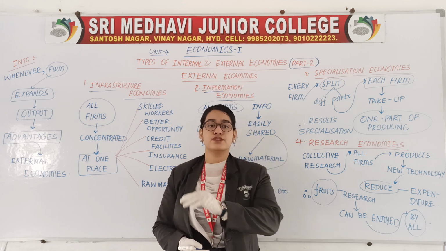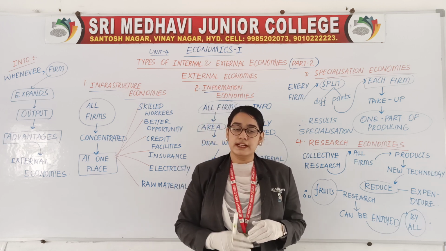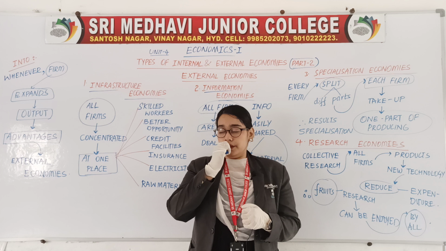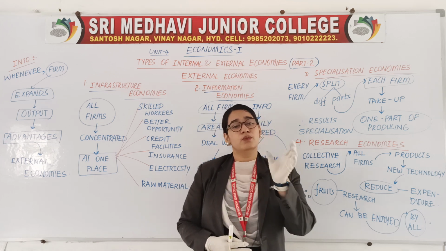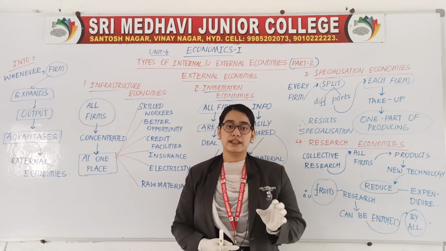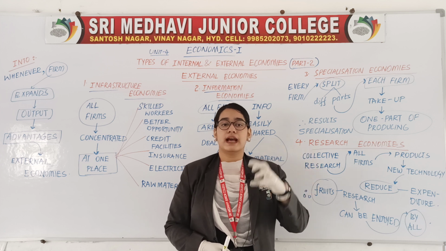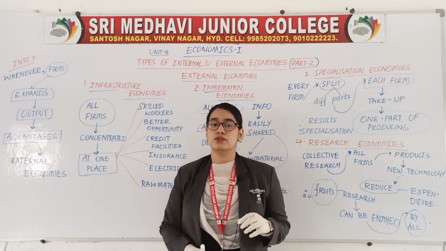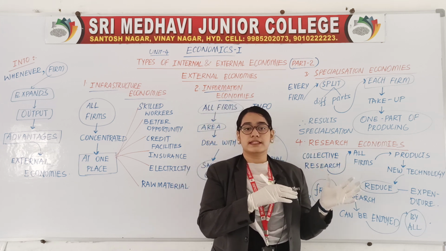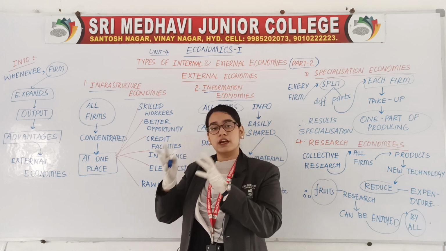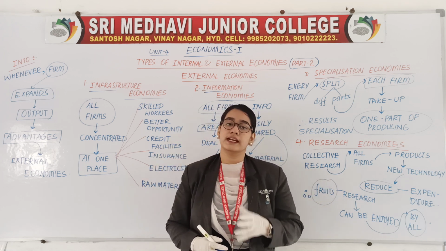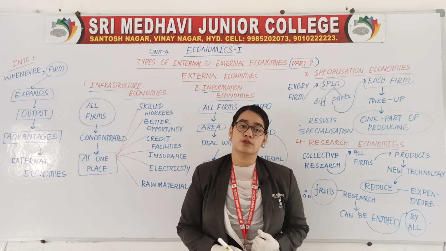A firm is a part of an industry, and I also explained what raw materials and inputs are, and after manufacturing those raw materials you convert them into a final product that is called output.